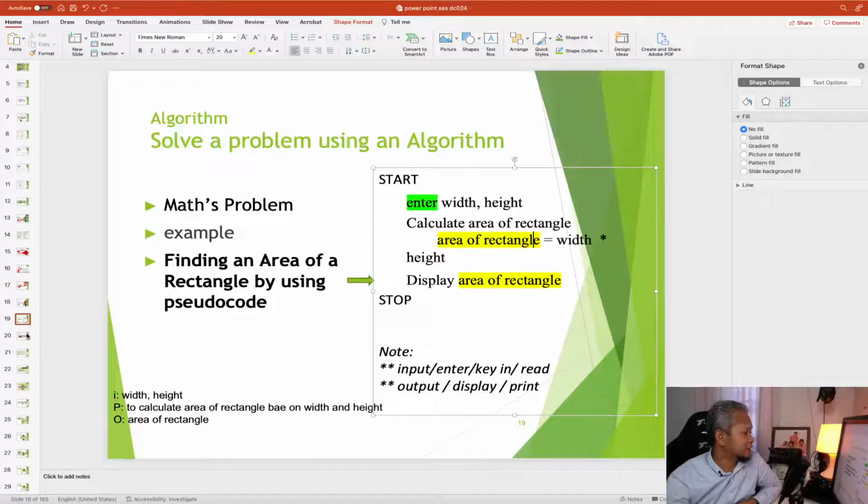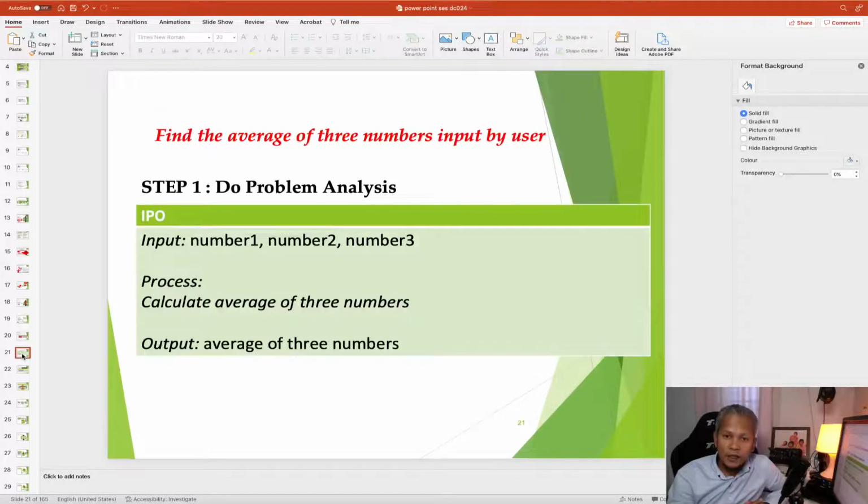So how to find the average? You find the average by dividing the total by the number of inputs. You have 3 inputs, so you can divide by 3.